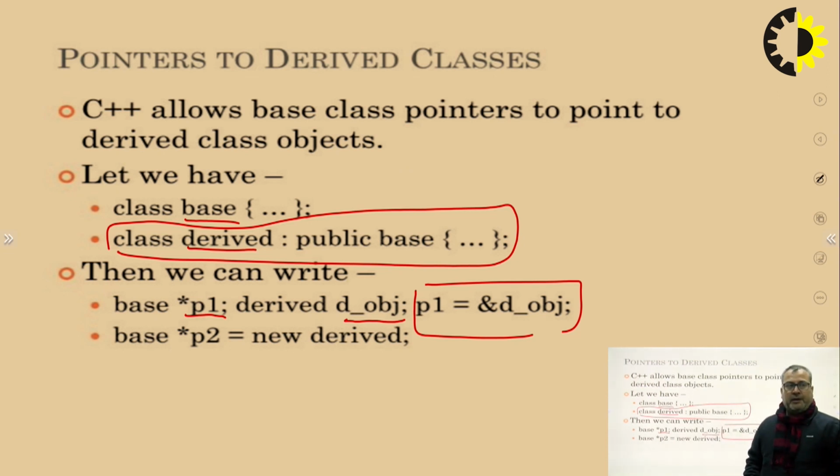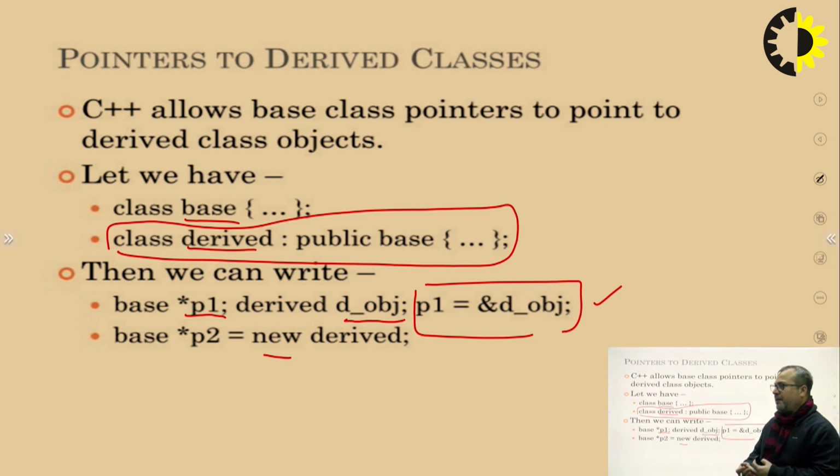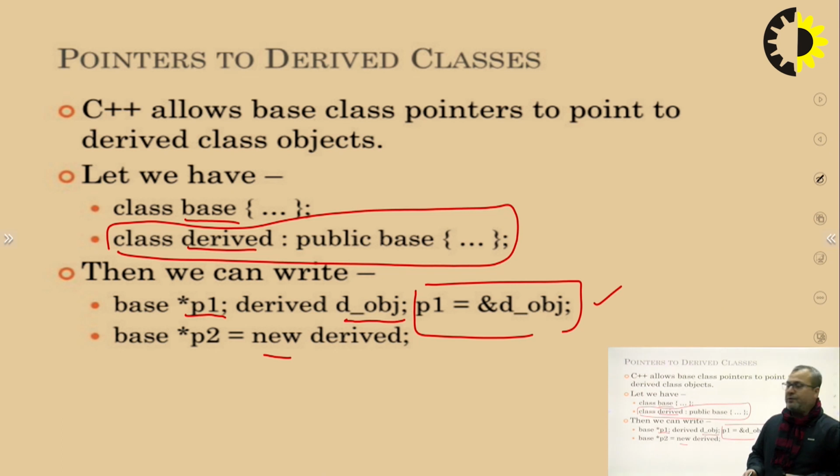Okay. So there are two ways. Either you can write like this, or even by using the keyword new, you could give the address of the derived class. There are two ways to assign the address of an object. One is by using the pointer, and the other one is by using the keyword new.